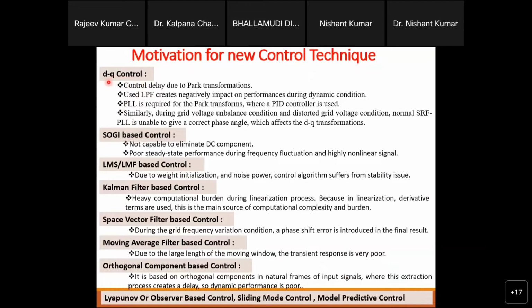The D and Q components are DC components, right? And when your grid is weak, you will see some second harmonics generated in these D and Q components. To mitigate those second harmonic issues, a low pass filter is generally used.